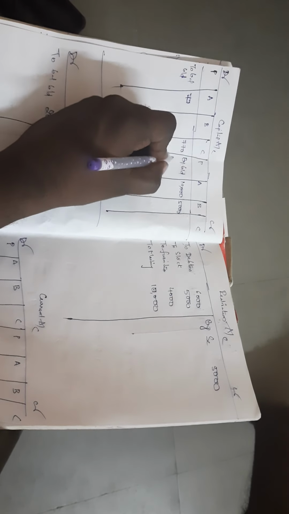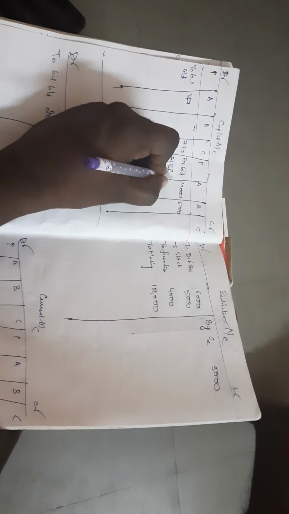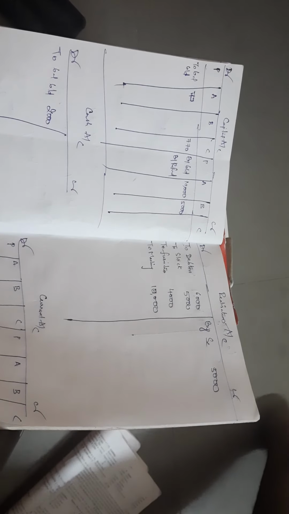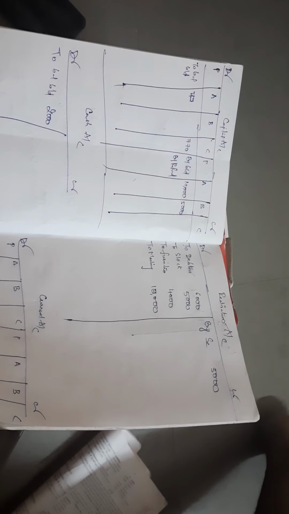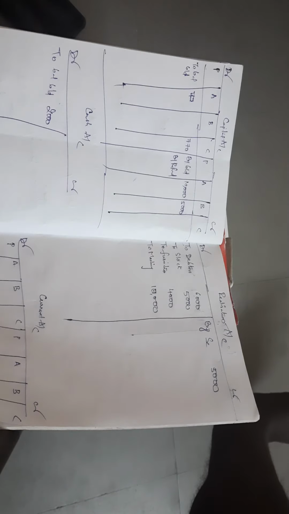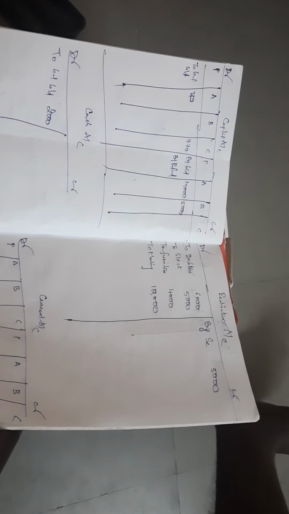Again there is the reserve fund. The total reserve amount is 3,600. In what ratio do we distribute it? The question gives 4:3:2, and in that ratio we have to distribute the reserves.